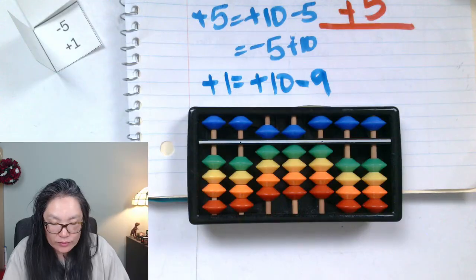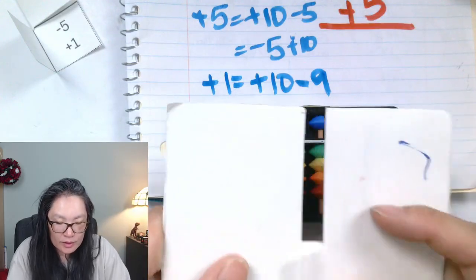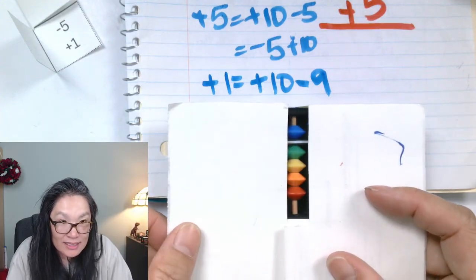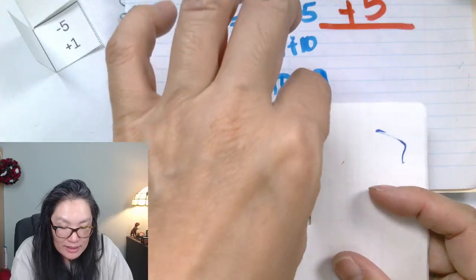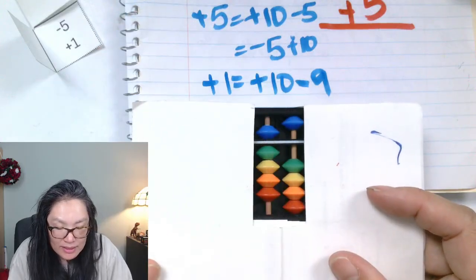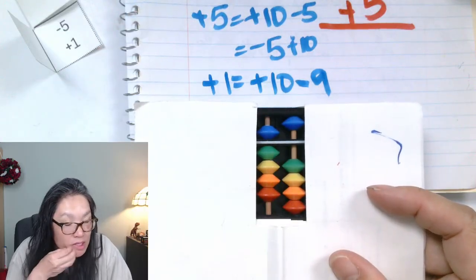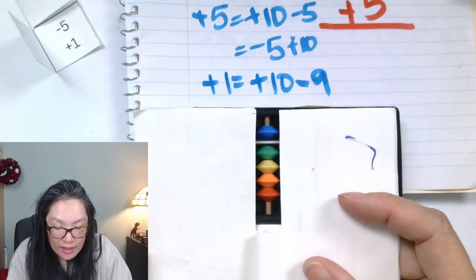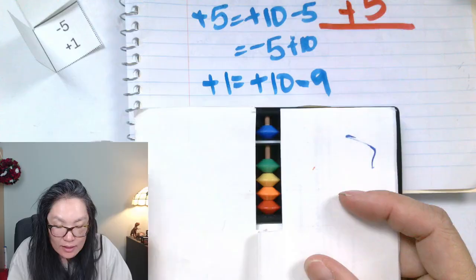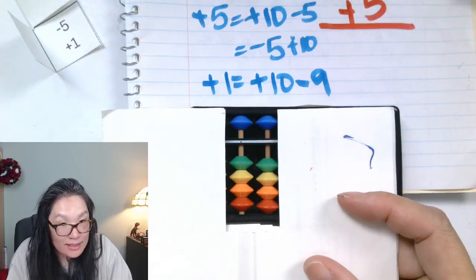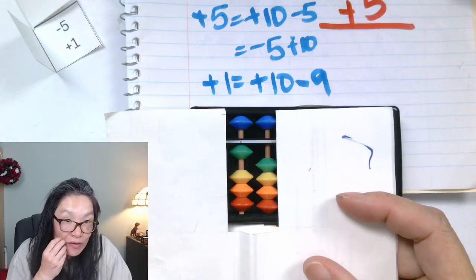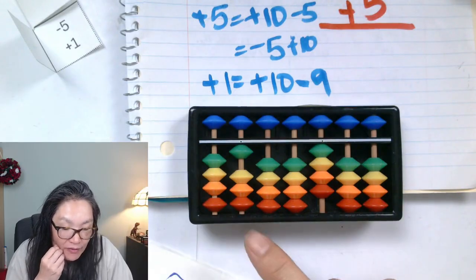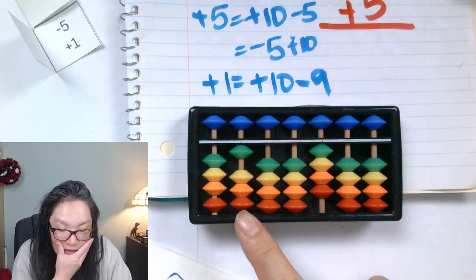So what are we going to do? We're going to minus the 9 and then plus the 10. Again, I can't do it, so I have to do it again. Minus the 9 and then plus the 10. So my final answer, because I've already added the 10, is 1004.